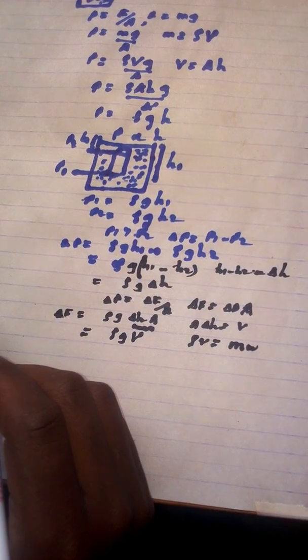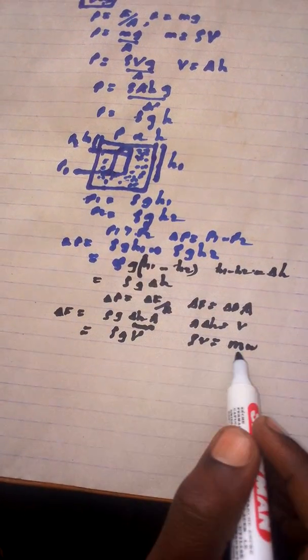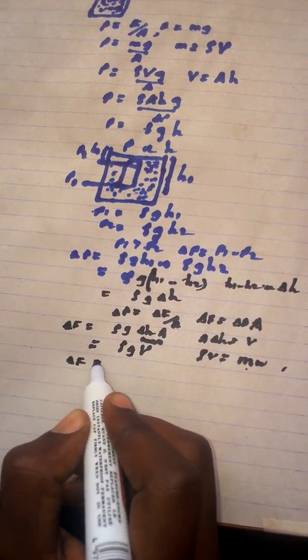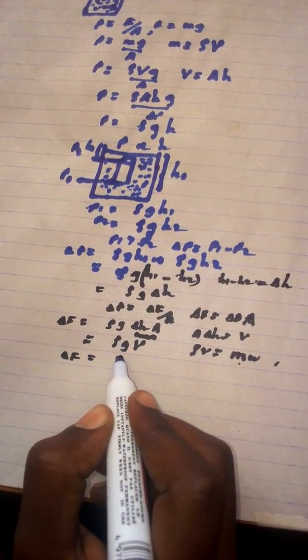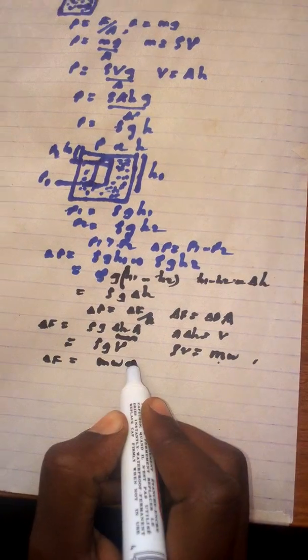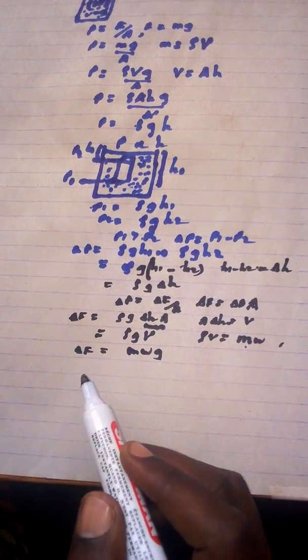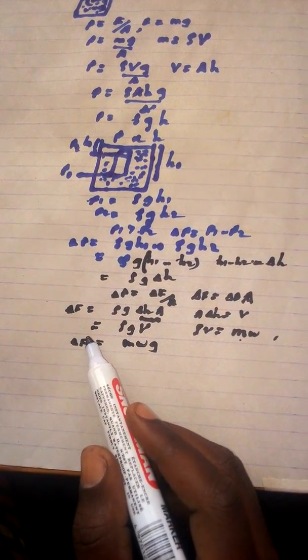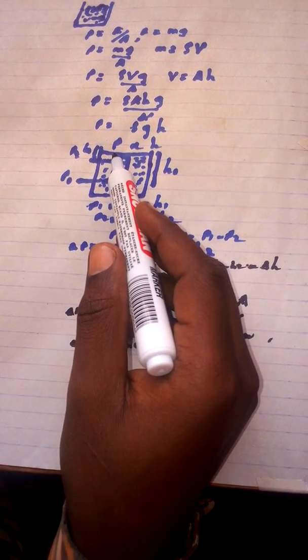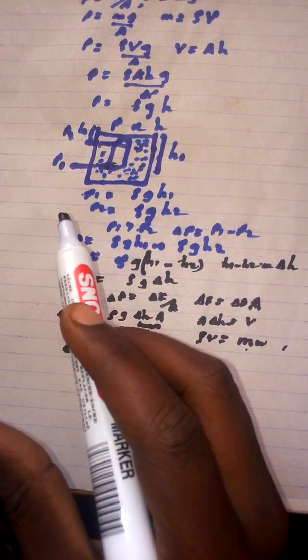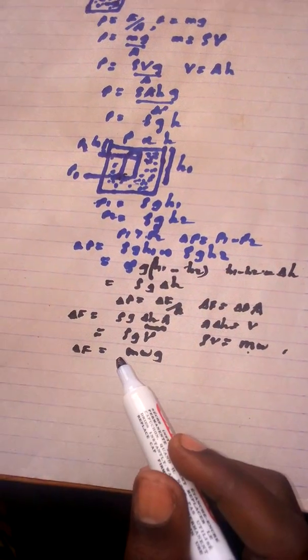But also, density times volume will be equal to the mass of the water displaced by this cylinder. Density times volume is the mass of the water displaced. So the output is equal to the mass of the water displaced times the gravitational force. So there will be an output force between this point and this point, because of which the cylinder will move up.